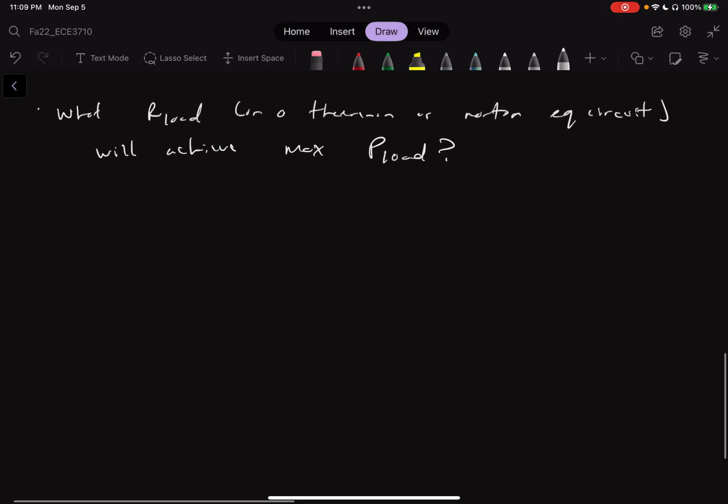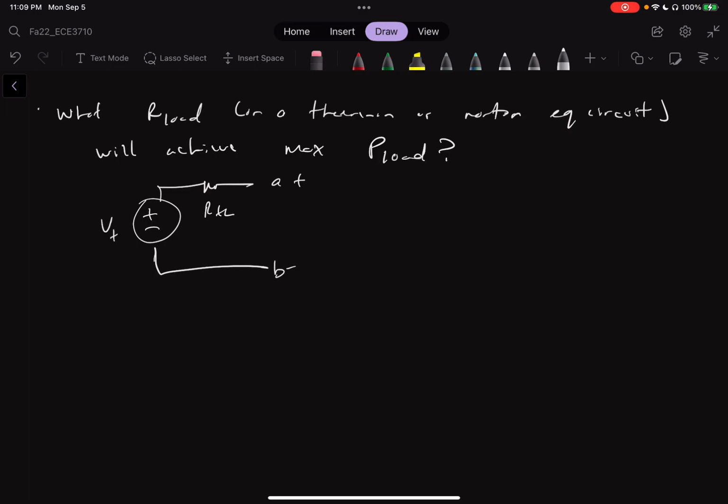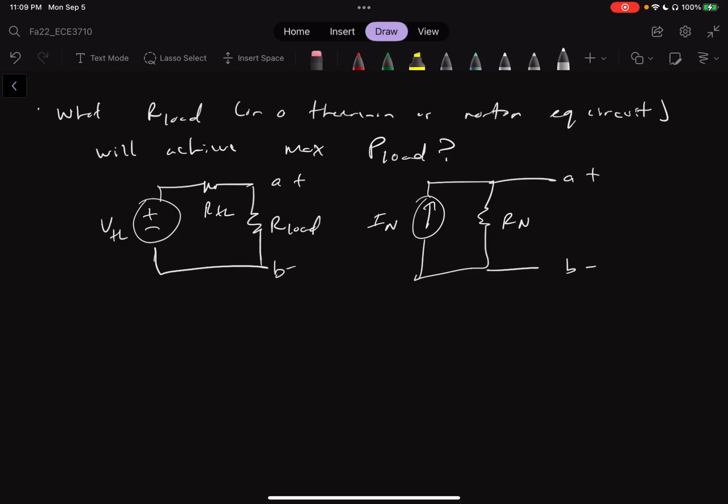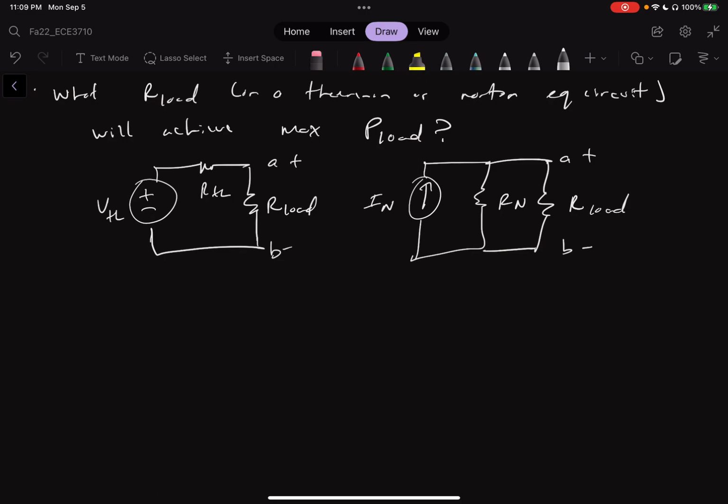We are not going to derive this, but I will say, therefore, if you have simplified any circuit to the Thevenin equivalent drawing, or the Norton, here, drawn on the right-hand side, and let's say you put an RL, which is R load, the maximum power at that load is achieved when R load is equal to R Thevenin. I'm not going to derive it here, but that is the case.